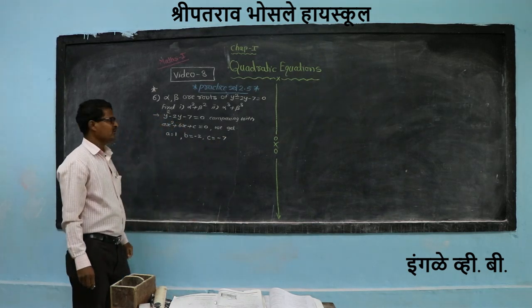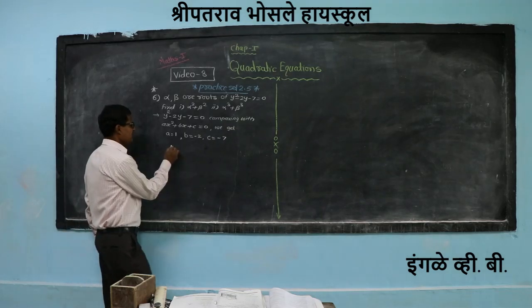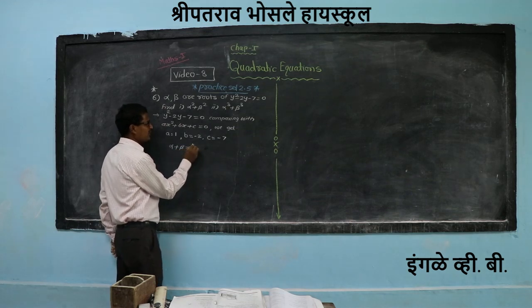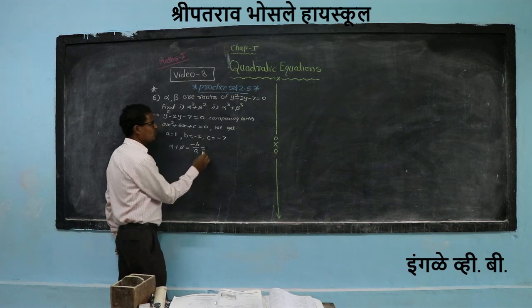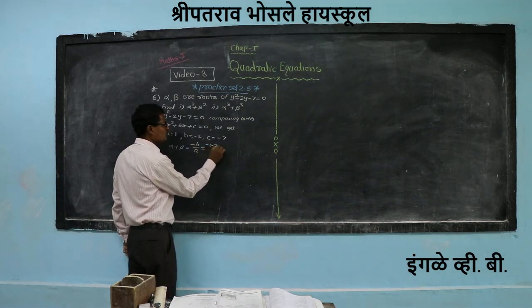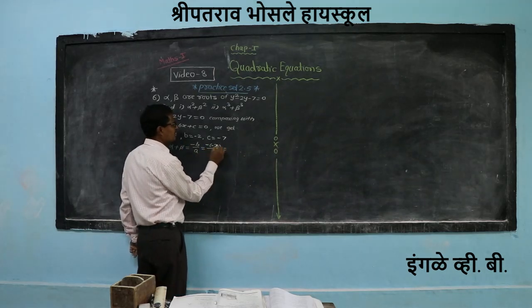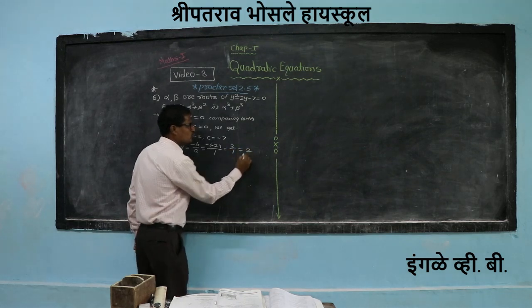Now we have to find the values of alpha plus beta and alpha into beta. Alpha plus beta is equal to minus b by a. The value of b is minus 2, so minus of minus 2 by the value of a, which is 1, is equal to plus 2 by 1, which is 2.